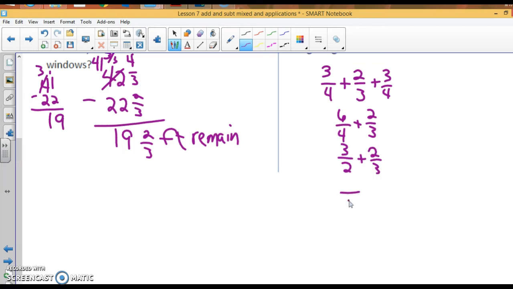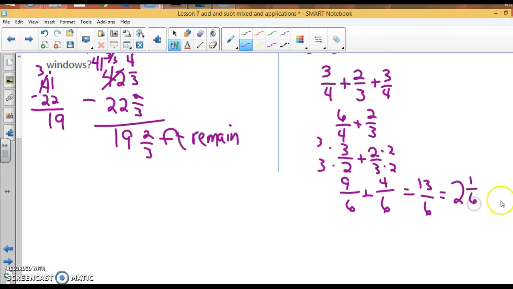Common denominator is going to be 6, because that's what 2 and 3 both divide into. So this, I need to multiply numerator and denominator by 3, so I'll have 9/6. This I need to multiply by 2, so 4/6. 9/6 plus 4/6 is 13/6, which is an improper fraction. 6 goes into 13 2 times, that's 12, remainder 1, so 2 and 1/6.